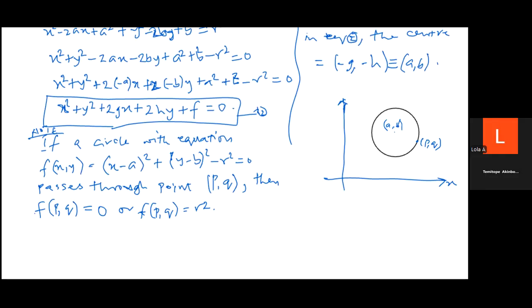So please write that and sketch the diagram. Then we'll now see examples. When we are done writing that, let me know.